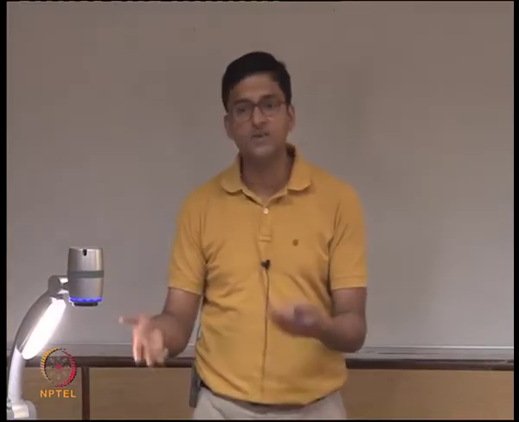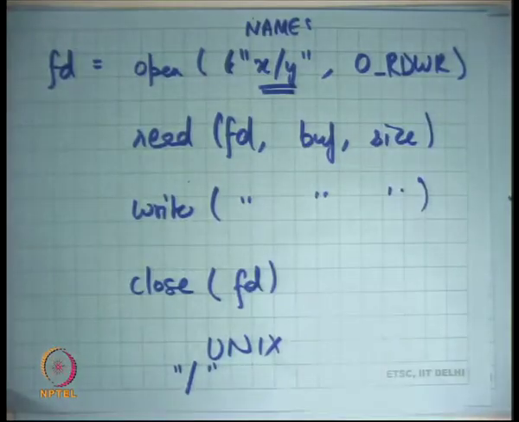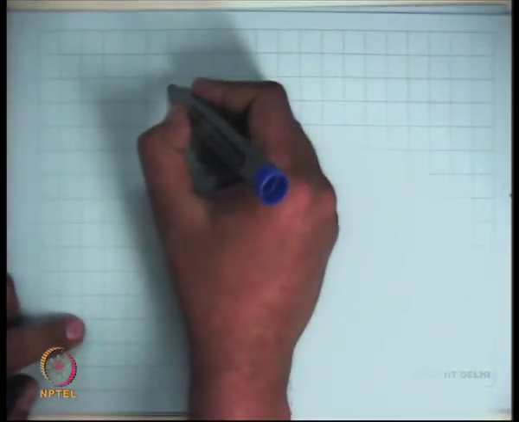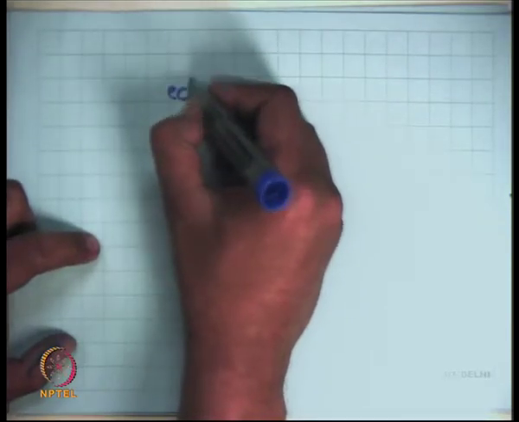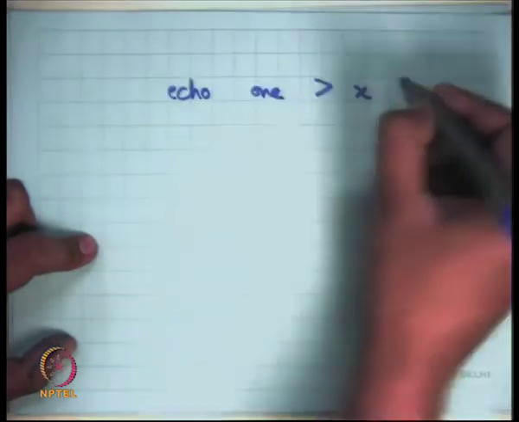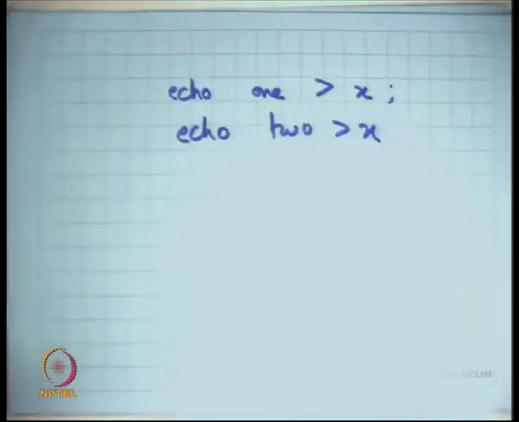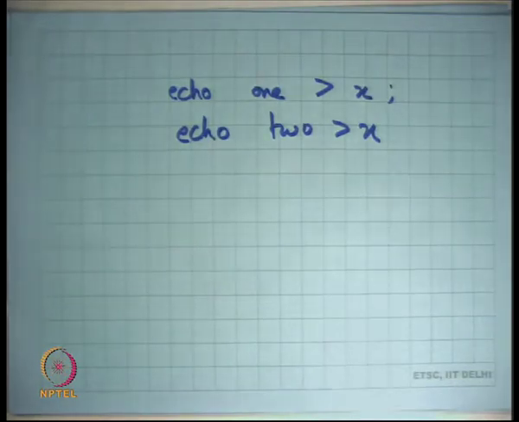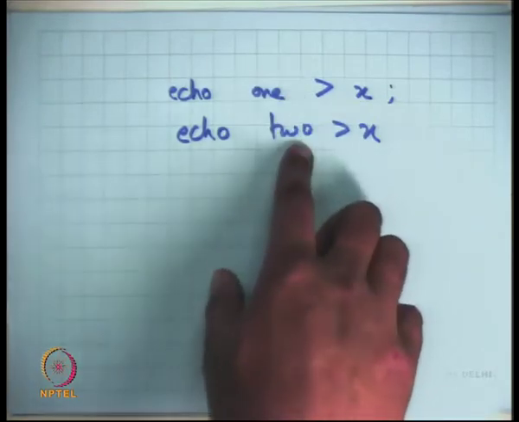So let's look at the trade-off between having an implicit offset as is done in Unix and having an explicit offset. Let's say you wanted to implement something like echo 1 to x and echo 2 to x. So you first want to write 1 to the file and then you want to write 2.